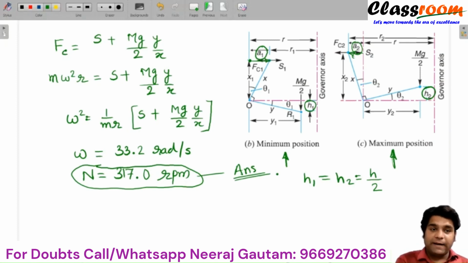Now we will find the values of R1 and R2 using these configuration diagrams. Let's consider this configuration diagram separately.